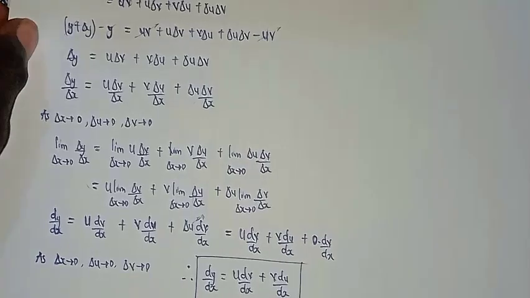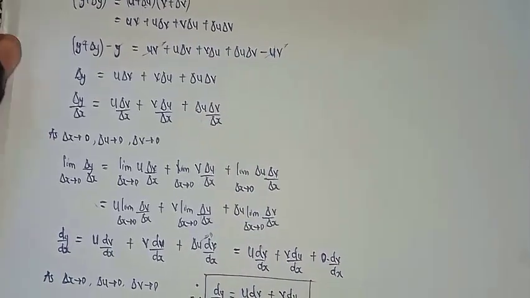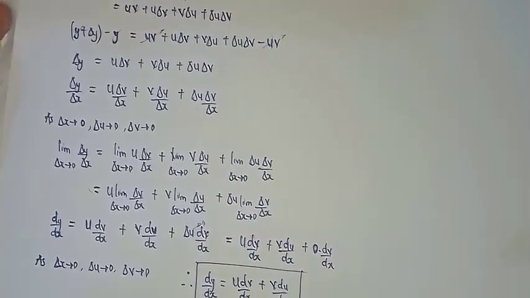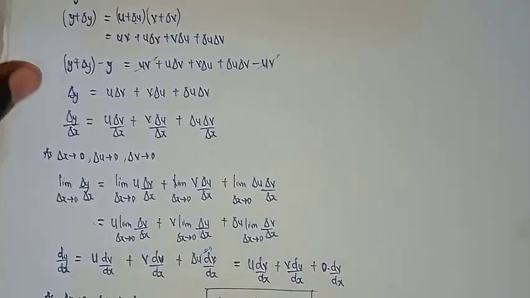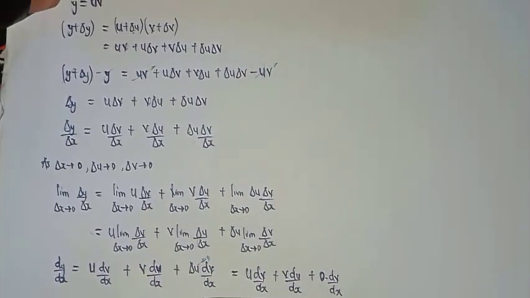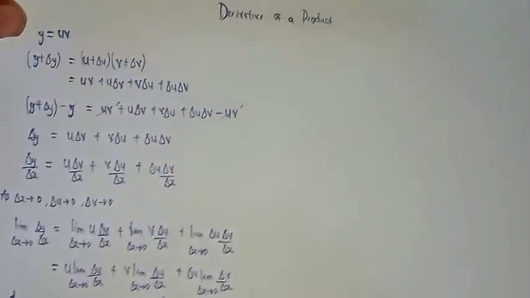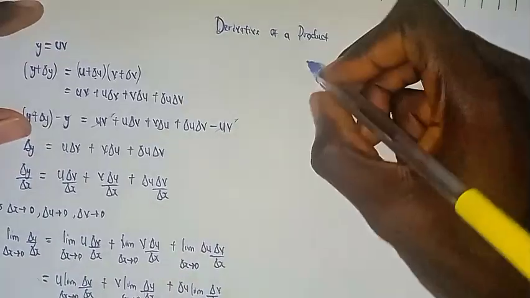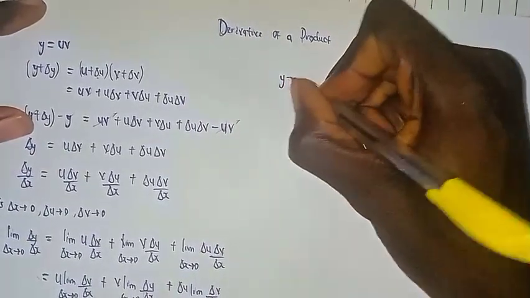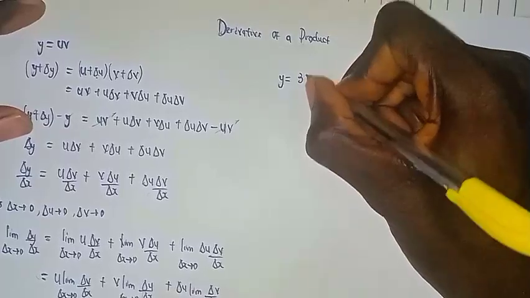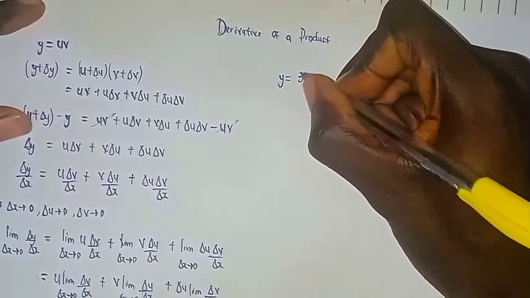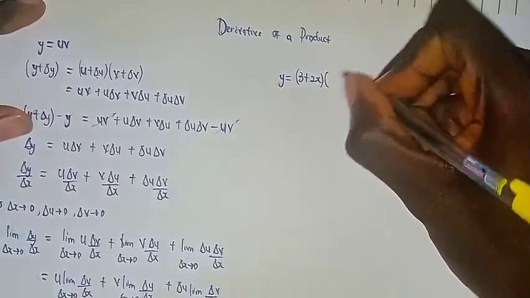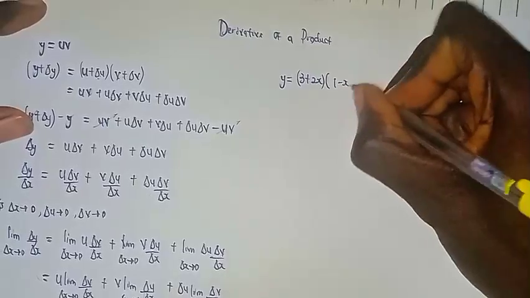Now let's go ahead to solve some examples. I'll solve 1 or 2 examples to illustrate this point or to demonstrate how this formula works. So let's say we have a function y equal to 3 plus 2x multiplied by 1 minus x.